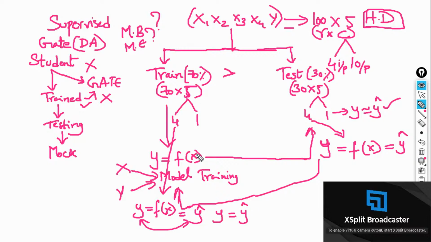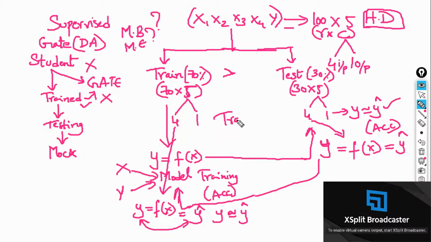What is y here? The y that I have here. When I compare both of them, again I'll get some kind of accuracy. Here also I'll get some accuracy. This accuracy is called train accuracy, and the accuracy that we get here is called test accuracy.